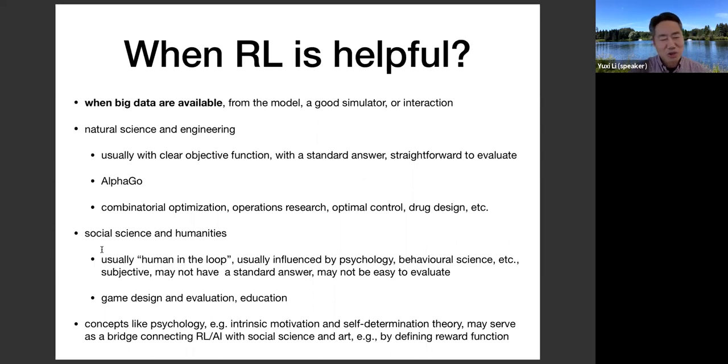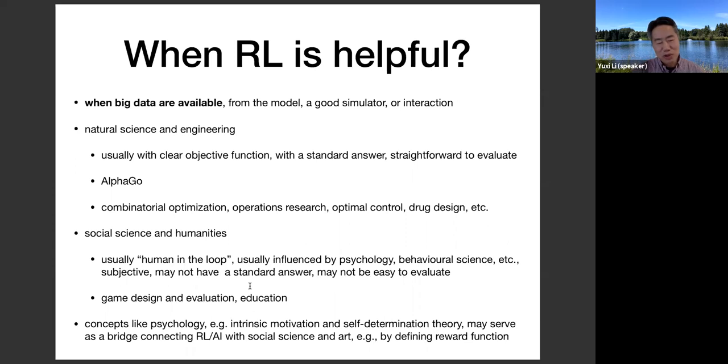There are also problems from social science and humanities. In those problems, usually there are humans in the loop. So it's usually influenced by psychology, by behavioral science, and these are subjective and may not have a standard answer and may not be easy to evaluate. For example, game design, game evaluation, and education are usually social science and humanities.